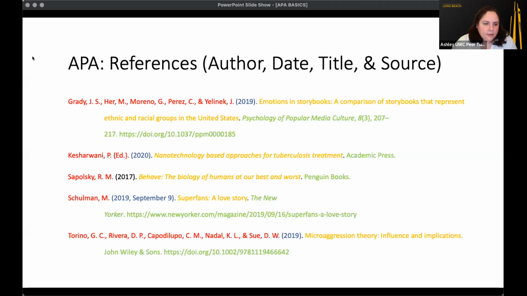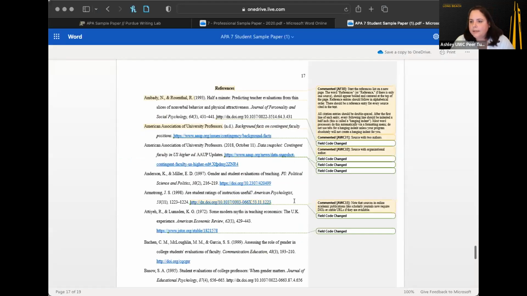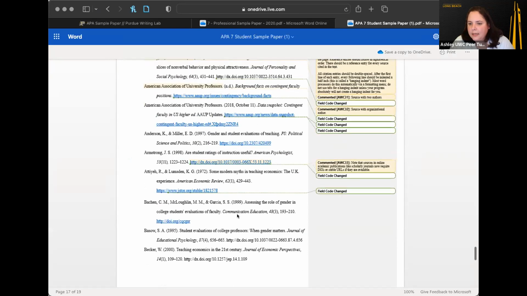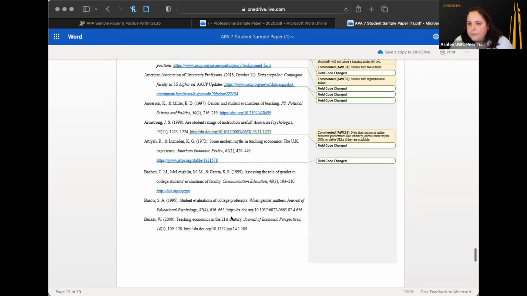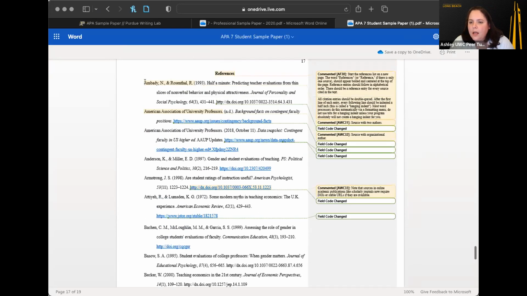All right, so here is an example of a reference page: the author's last name, all this information that we went over. Here is the American Association of University Professors, and this is what it would look like if there's no date.